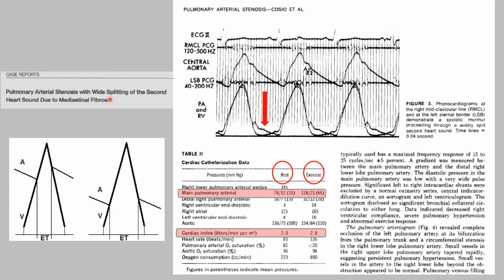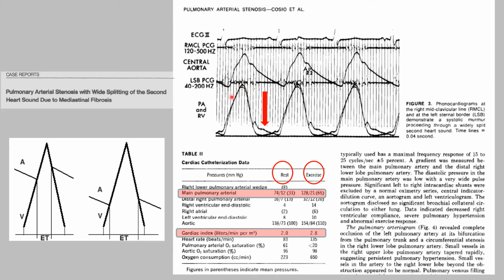So there was no obstruction on the venous side of the pulmonary circulation. This patient was around 40 years old, and he documented by cardiac catheterization with the catheter in the pulmonary artery and also in the right ventricle.